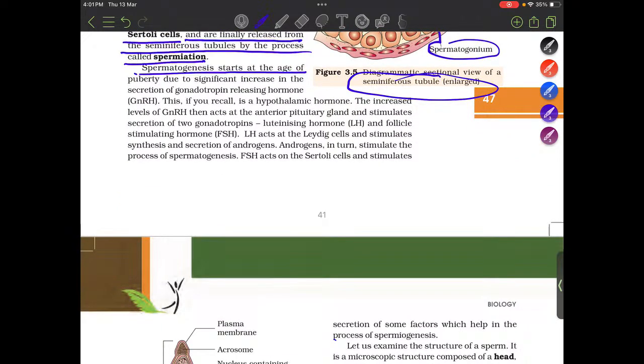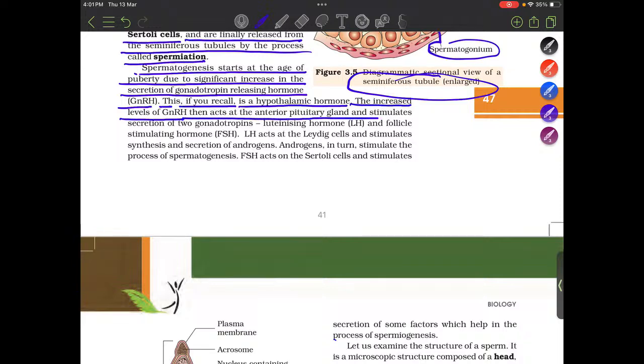Spermatogenesis starts at the age of puberty due to a significant increase in the secretion of gonadotropin releasing hormone, GnRH. This, if you recall, is a hypothalamic hormone. The increased level of gonadotropin releasing hormone then acts on the anterior pituitary gland and stimulates secretion of two gonadotropins: luteinizing hormone and follicle stimulating hormone, FSH.